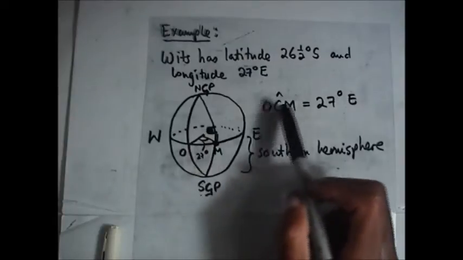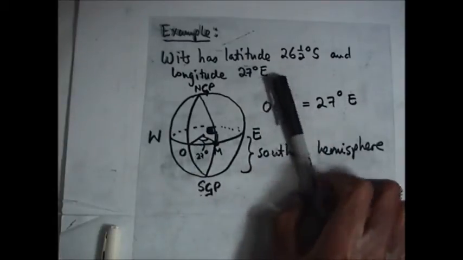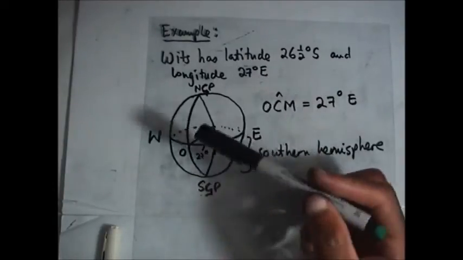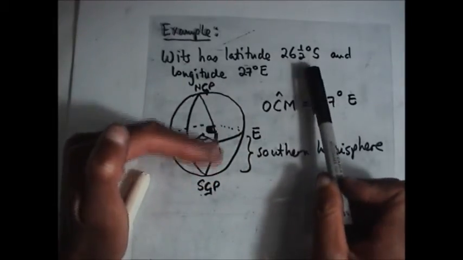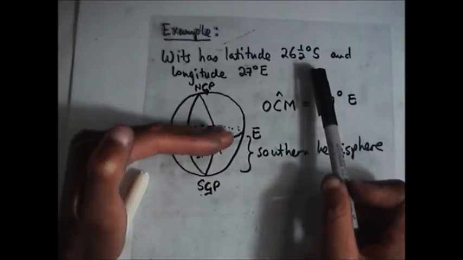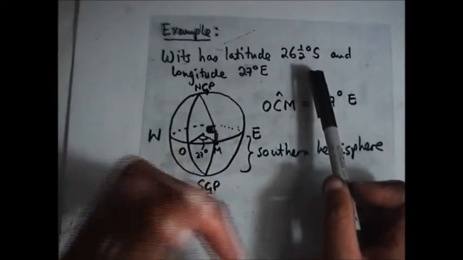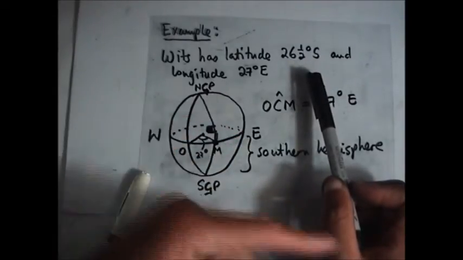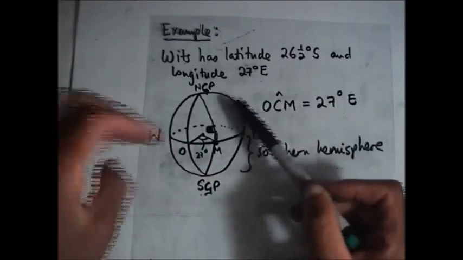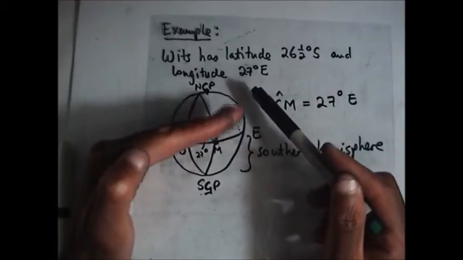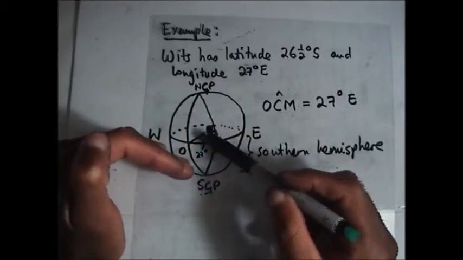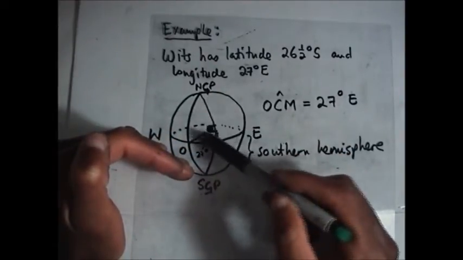So we need to know 26.5 degrees south. It basically means from the equator dipping downwards in the southern direction, you should dip 26.5 degrees. In our previous example, we were looking up to a point P, so we were elevating our eyes, and then we had MCP, so it was an elevation.